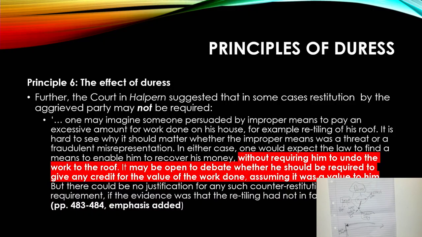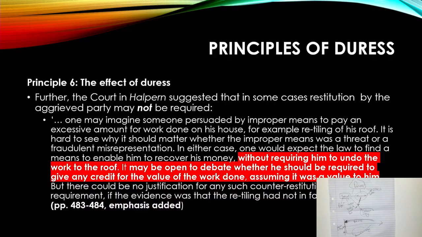The court says the contract is to be declared void, which means that the owner of the house should get their money back, right? That's restitution. Okay, they should be able to get their money back. But what about all the work that the tiler has done? What the court in Halpern is saying is, it's got to be possible for the house owner to get their money back, but not necessarily make this restitution, right?